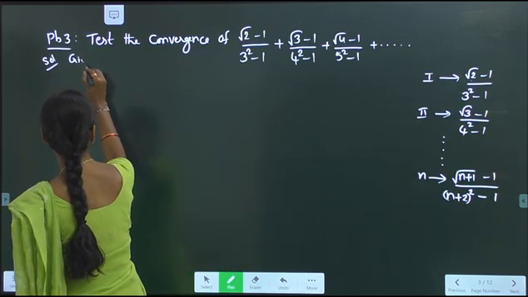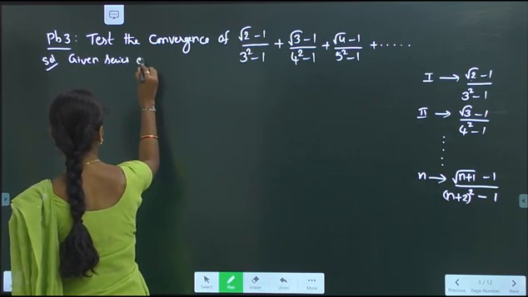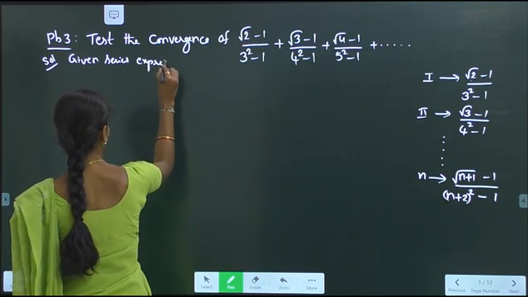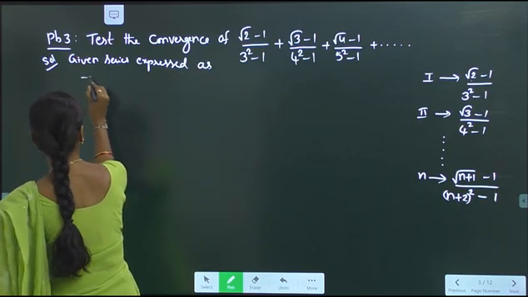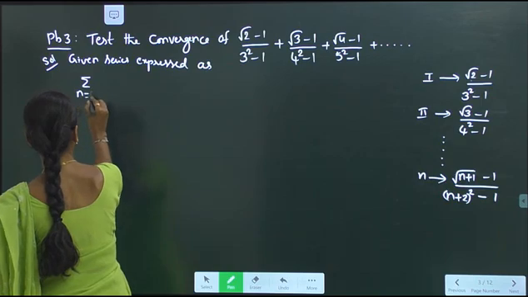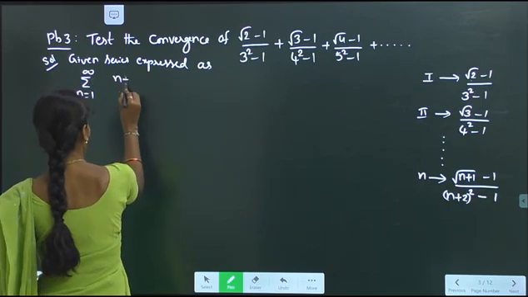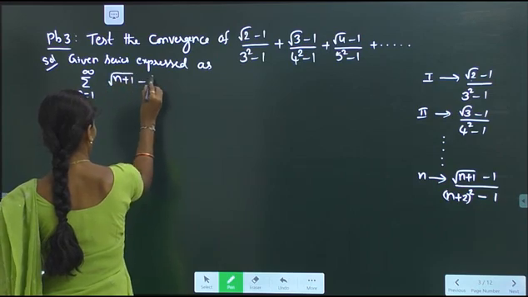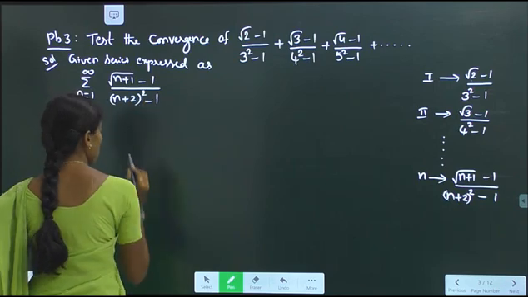The given series can be expressed as sigma n is equal to 1 to infinity square root of n plus 1 minus 1 by n plus 2 whole square minus 1.